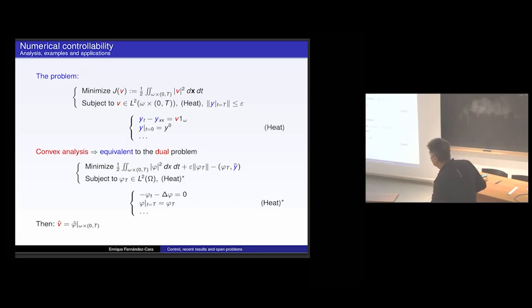Okay, these two problems are equivalent, and people, in principle, have been tempted to try to solve the problem this way, trying to find phi T such that this quantity attains minimum. Okay?